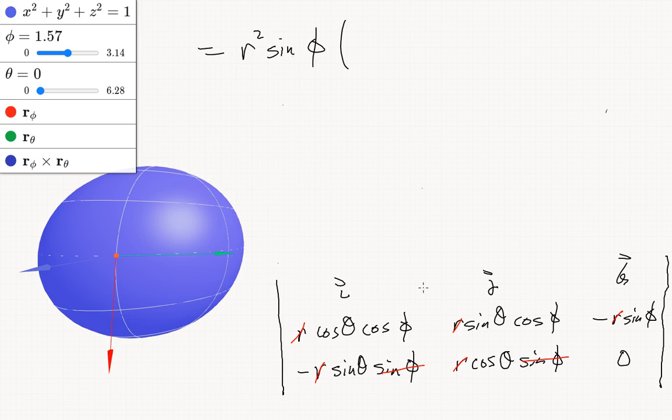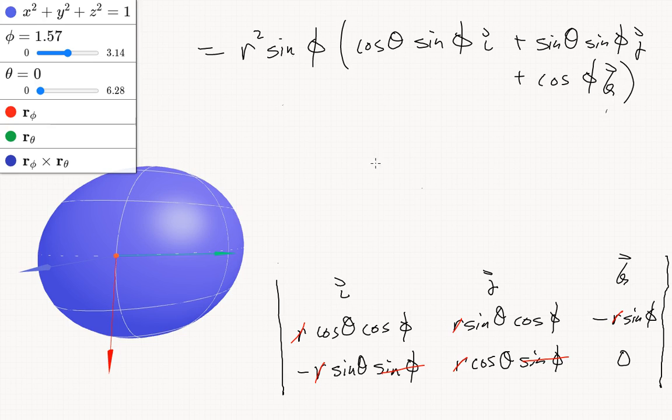And now let's see. So with i, I will have cos theta sine phi i. Then j, so that'll be like this, and then this cancels out that negative, so plus sine theta sine phi j, and with k we'll have cos squared theta plus sine squared theta, so plus cos phi k.